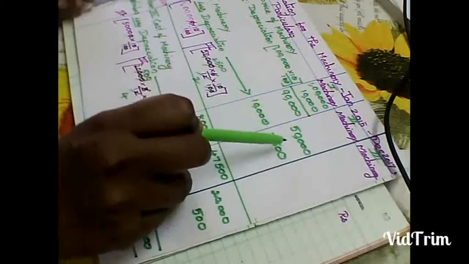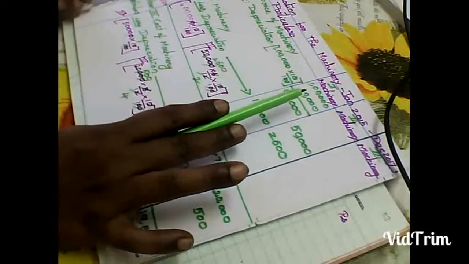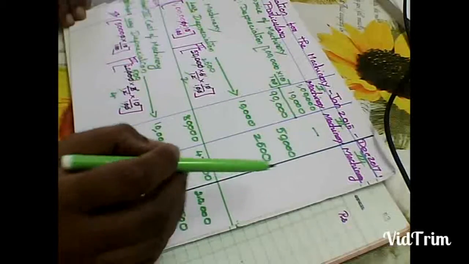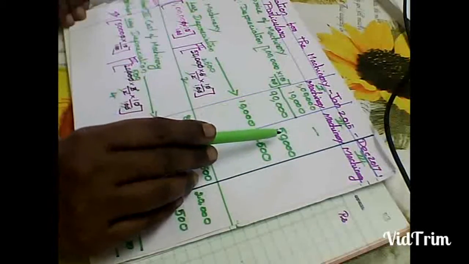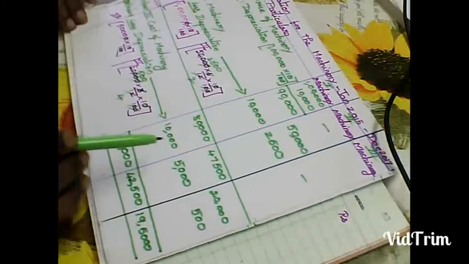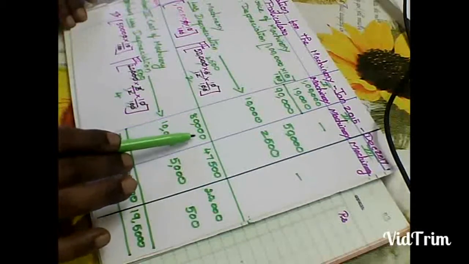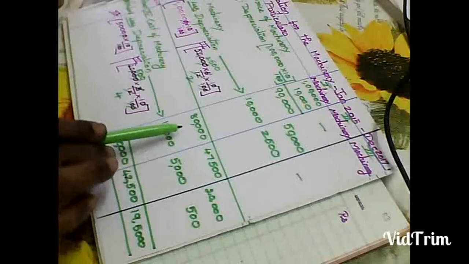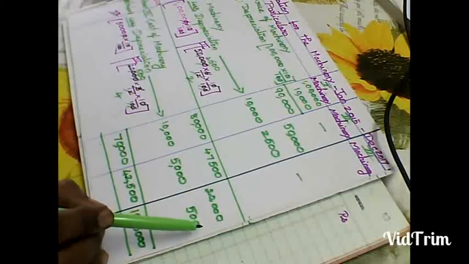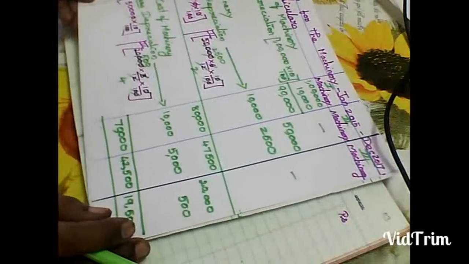So this working note makes it clearer on which date they have purchased. First year there is no machinery purchased. Second year there are two machineries, and third year there are three machineries. With this you can post the ledger very easily.